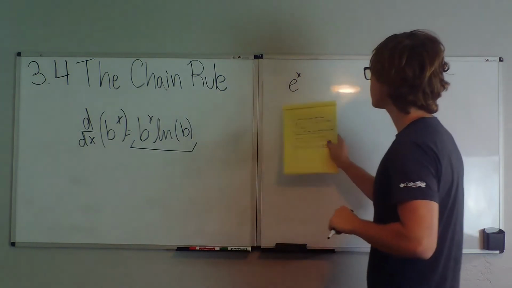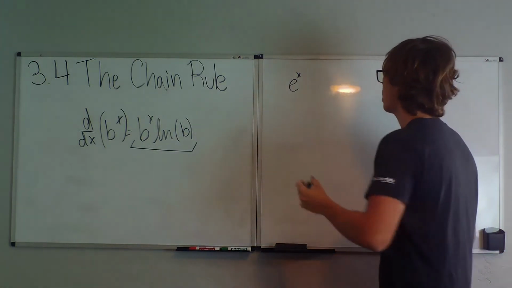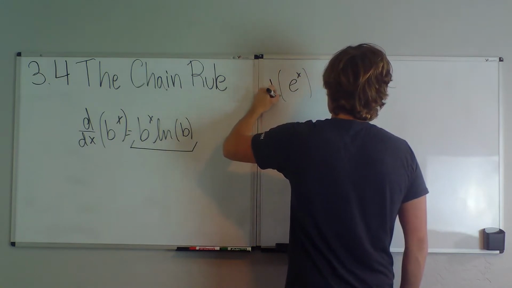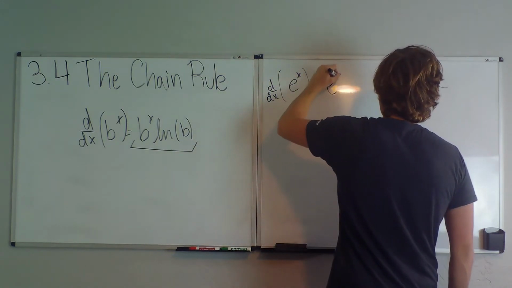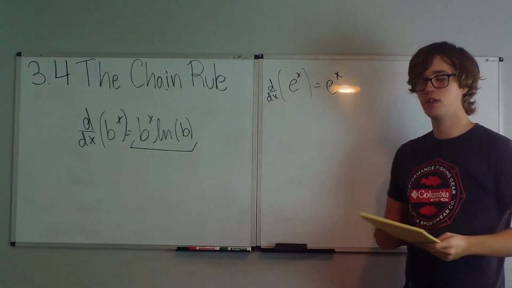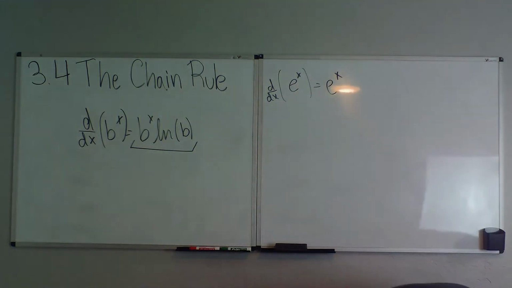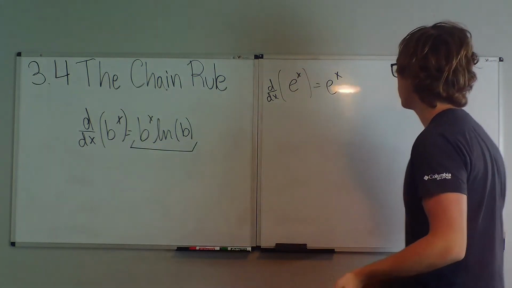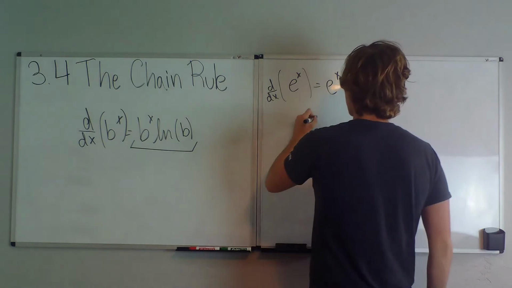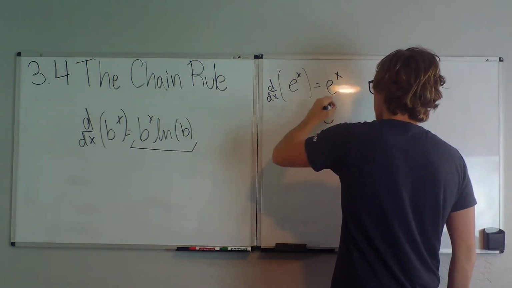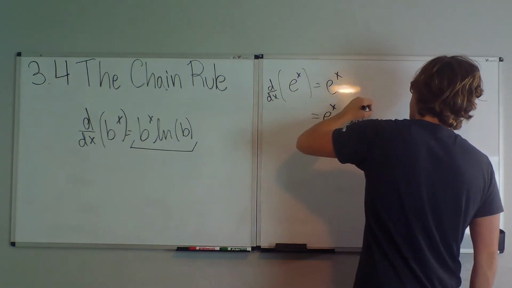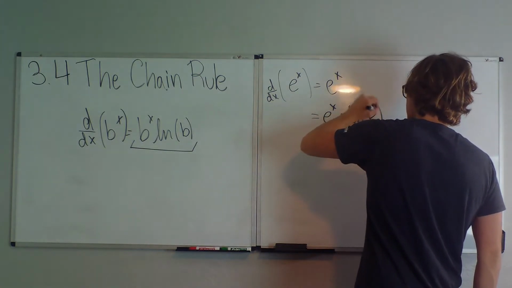So, we have e to the x. And if we take the derivative, d dx of e to the x, we know is equal to e to the x from previous videos. But why is that? I thought it was b to the x times ln of b. Well, if we were to do it, it's e to the x times ln of e.